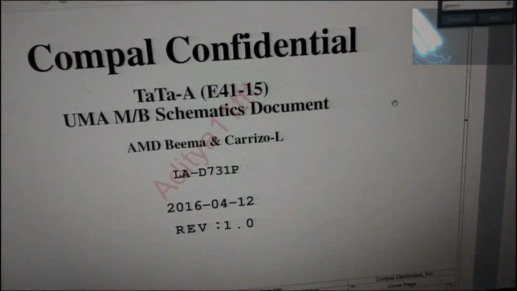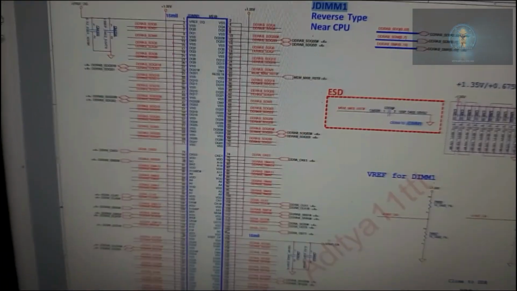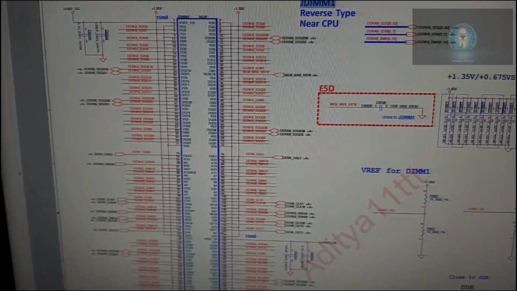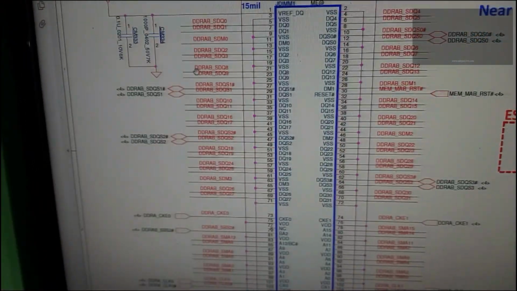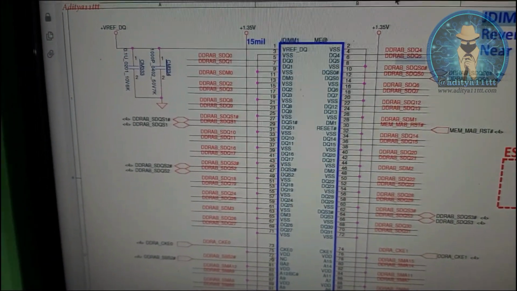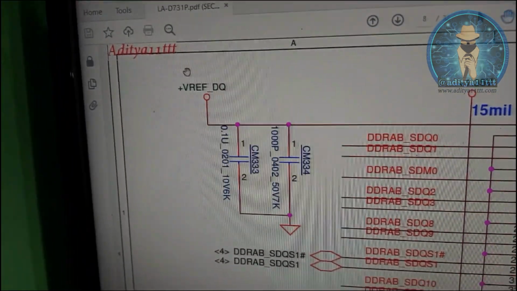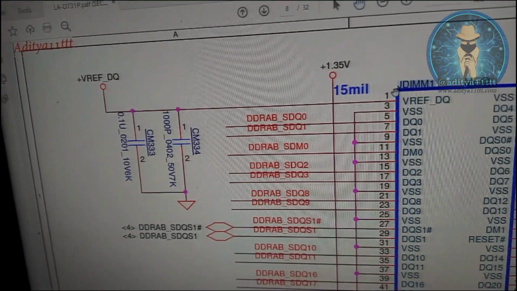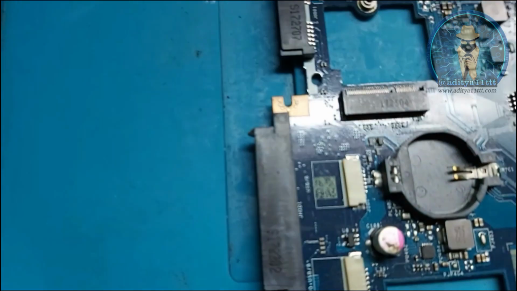JDIMM1. Okay, this is my RAM slot. So I'm starting checking from pin number 1, my VREF DQ. Okay, so let me show you that.